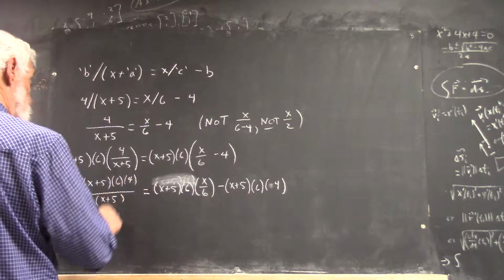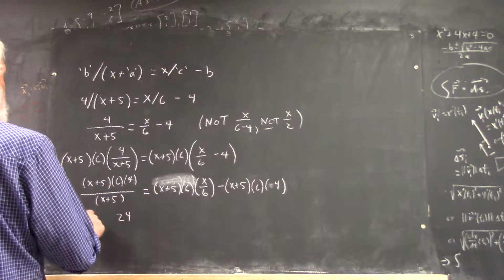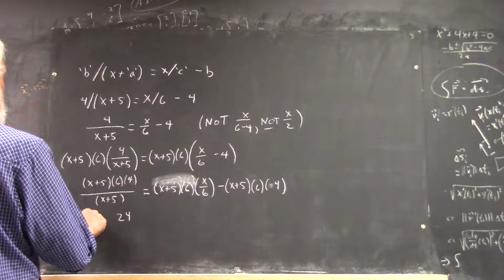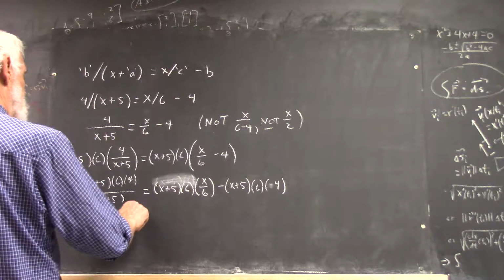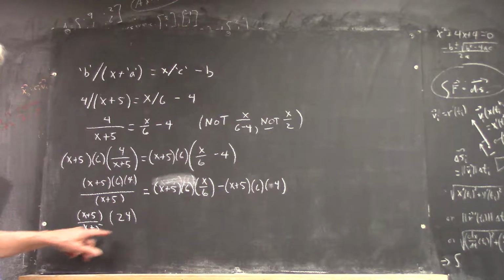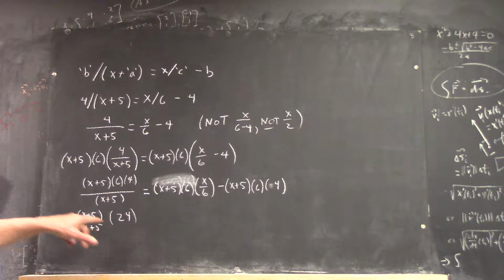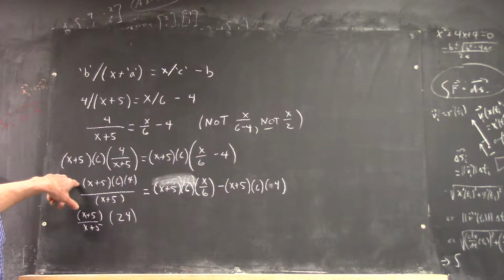Now over here, 6 times 4 is 24. And this is just what you'd have if you multiplied x plus 5 over x plus 5 times 24, isn't it? I mean, if I multiply x plus 5 over x plus 5 by 24, I get x plus 5 times 24 in the numerator, which matches this numerator.